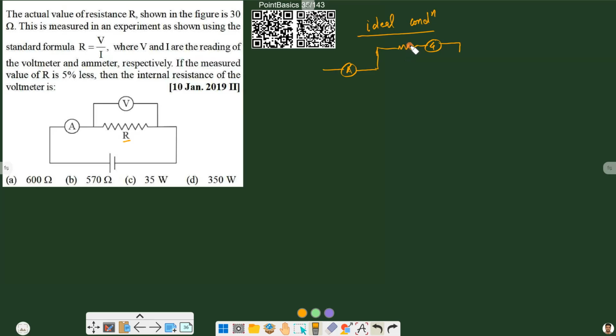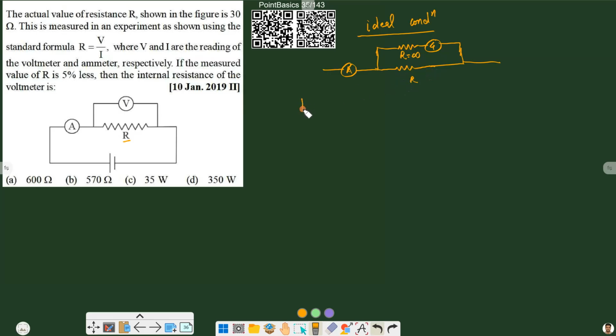The resistance of this galvanometer is infinite, or very high as compared to this resistance in parallel. And now we have R here. So this is our circuit in the ideal case. In the ideal condition, their parallel combination gives only R, and we measure the potential difference across R.